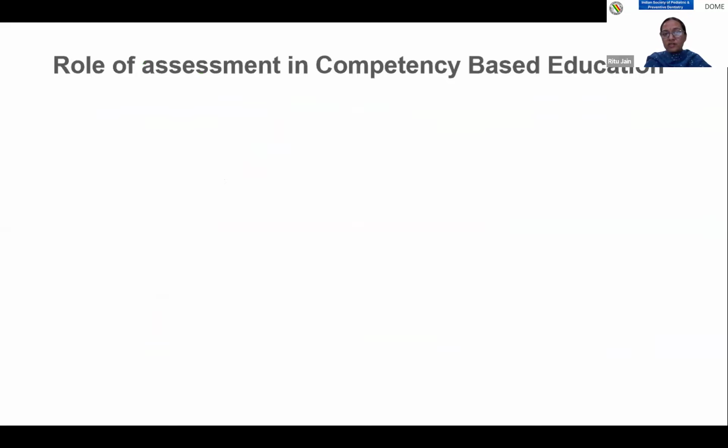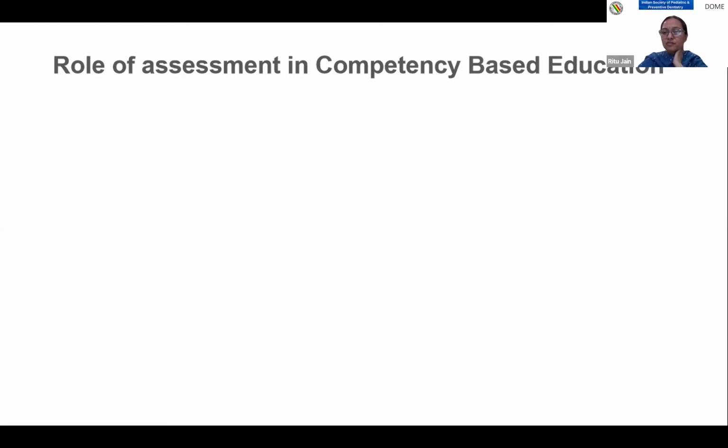Now, what is the role of assessment in competency-based education? Can anybody share your thoughts? What is going to be the role of assessment in competency-based education? You can put your answers in the chat box. What do you feel?